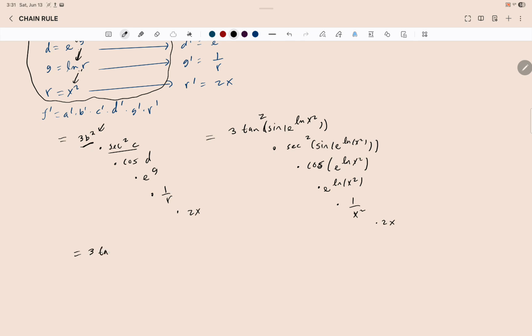So this would be 3 tan squared of sine e ln of x squared. It's kind of hard sometimes just to keep track of the parentheses because they're nested functions. There's a lot of them. So hopefully I didn't make a mistake writing this out.